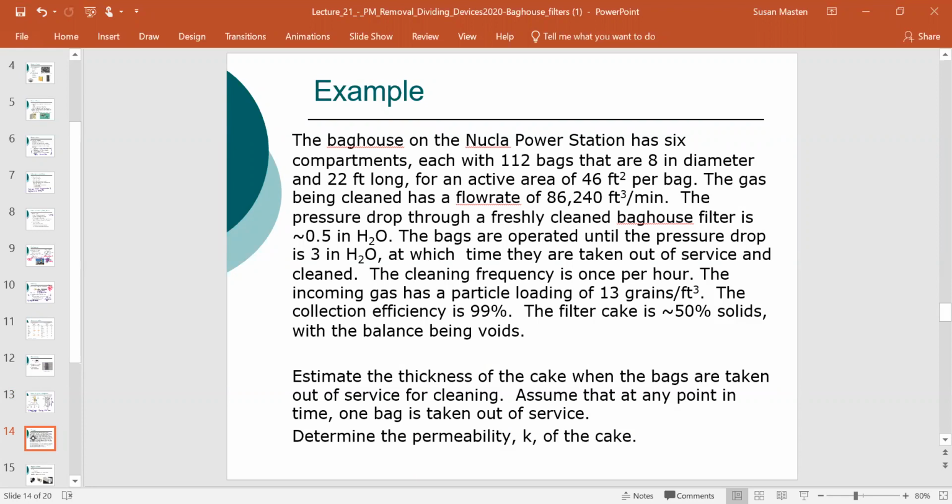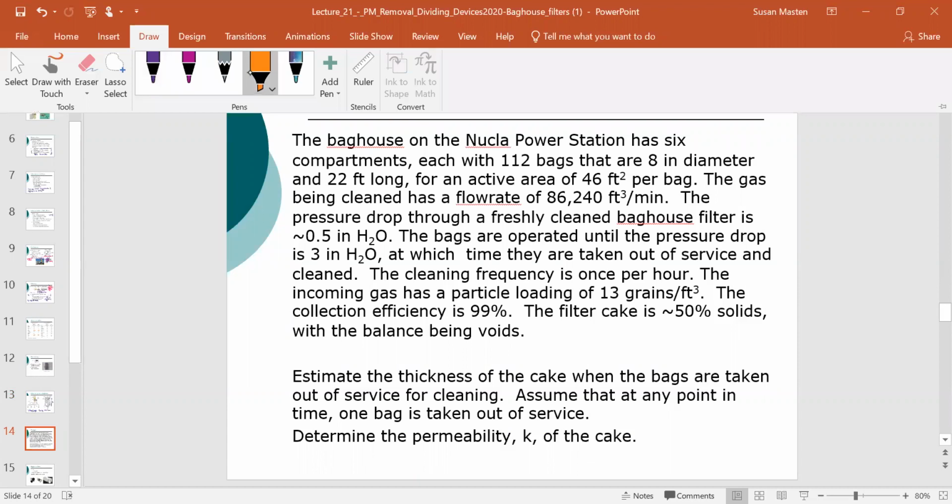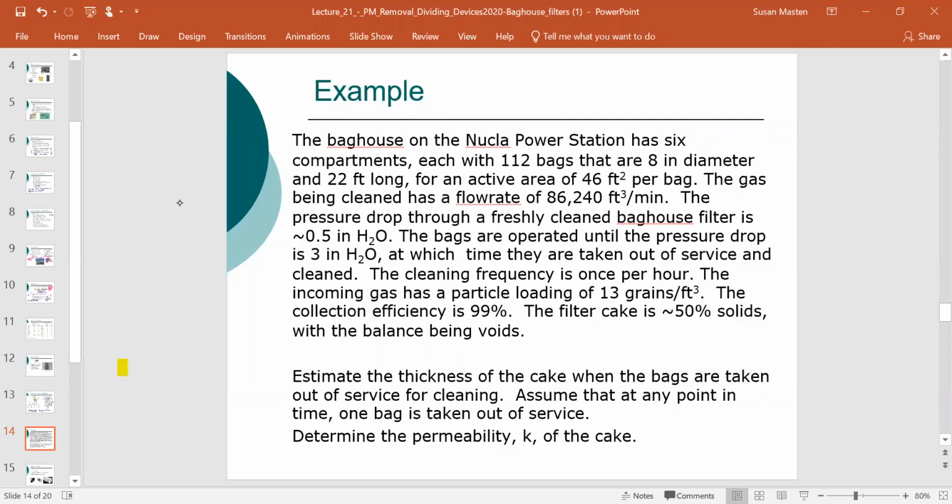So this unit has six compartments. Each has 112 bags, and each bag is 8 inches in diameter and 22 feet long.